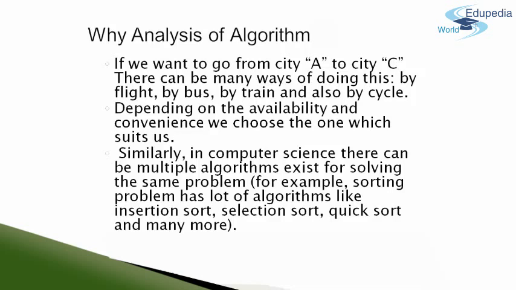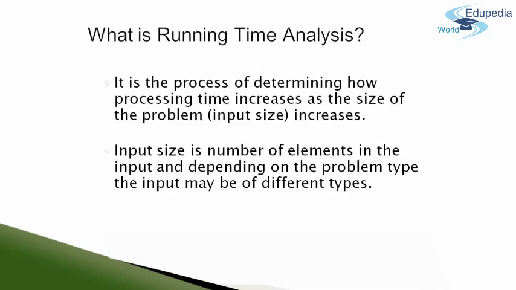Algorithm analysis helps us determine which of them is efficient in terms of time and space consumed. Regarding the goals of analysis of algorithm, I think the goals are also quite clear to you, because this is similar to why we need it. If you are able to understand why we need analysis of algorithm, you will be able to understand what the goals are.